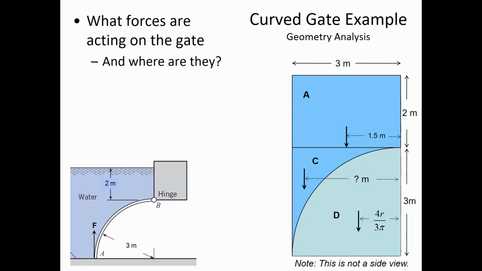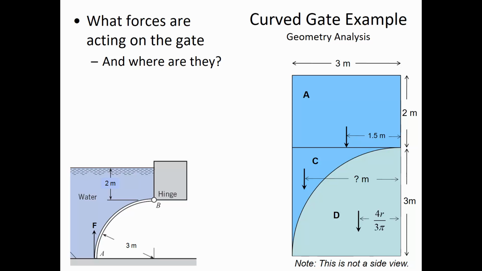Then we add this volume of C, which we know, but we don't know the location: 7.726 cubic meters. The question is, where is it located? I'm going to call that XCP for element C. So XCP is the horizontal center of pressure.